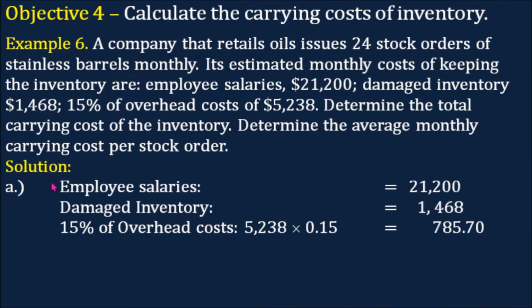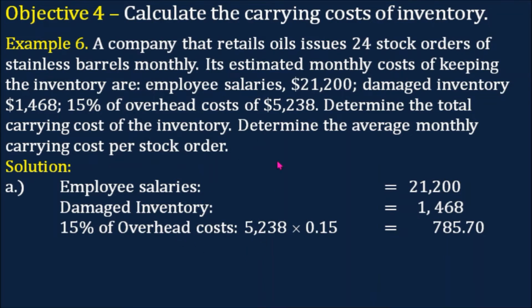So for our solution, we are going to list down all expenses in carrying the inventory. So we have here employee salaries $21,200, damaged inventory we have here $1,468. Then we have 15% of overhead cost.